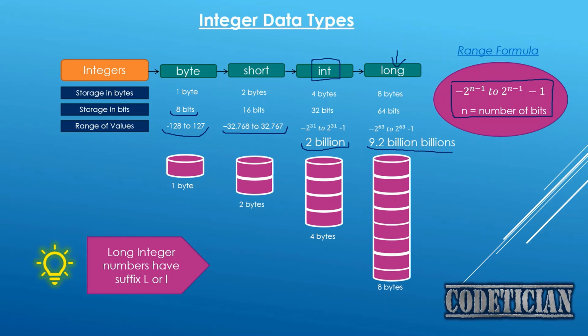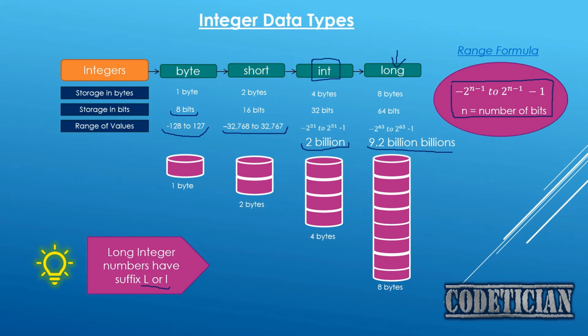Just remember, for knowledge purposes, you can use this formula to calculate what possible values can be stored in that data type. One more thing, we are going to see this in practical as well. Whenever we declare a variable with a long type, you suffix it with capital L or a small l, but a small l gives bad readability, so we always use a capital L.